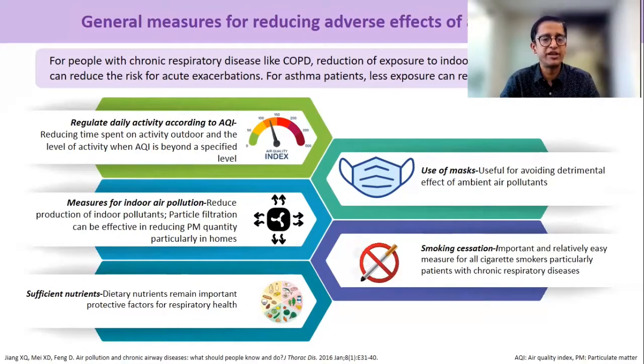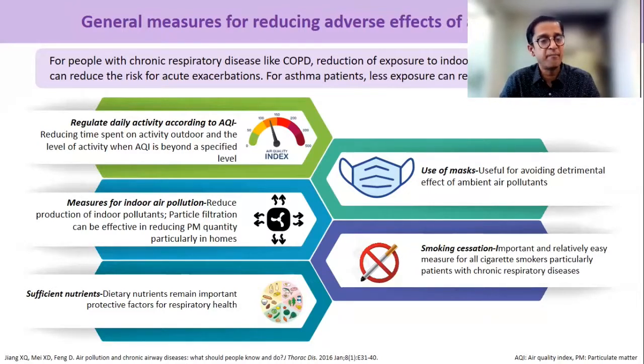Similarly, there should be measures for indoor air pollution. Particle filtration can be effective in reducing PM quantity, particularly in homes. Potted plants are important. If you have air filters, there's some amount of evidence about air filters reducing the amount of particulate matter within homes. Make sure that dietary nutrients have been looked at.